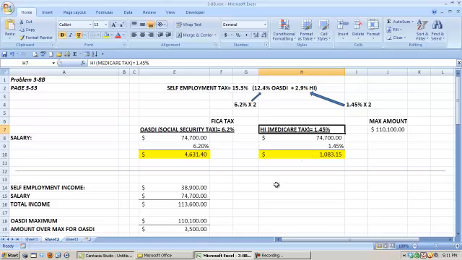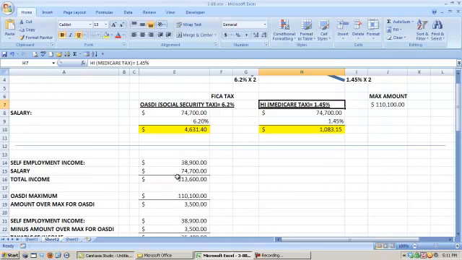Well, now they say in addition to this that he also opened up a business as a public accountant, and his net business income, so the receipts that he had reduced by the cost of operating the business, was $38,900.